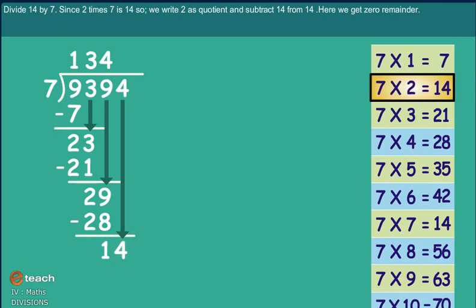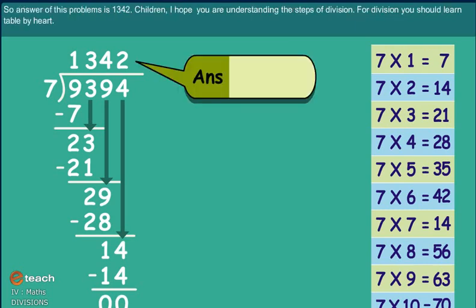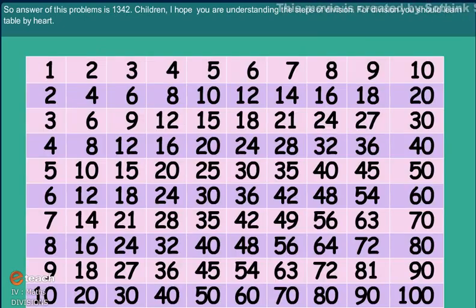Since 2 times 7 is 14, we write 2 as quotient and subtract 14 from 14. There we get 0 remainder. So the answer of this problem is 1342. Children, I hope you are understanding the steps of division. For division, you should learn the tables by heart.